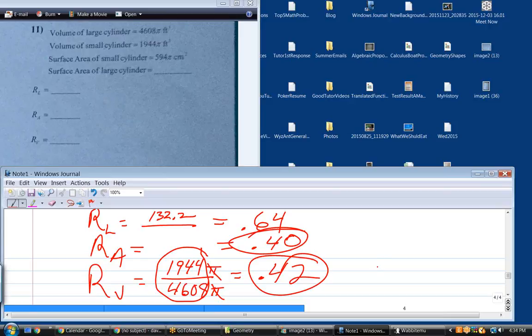When you put 1/3, you don't use parentheses, and it's screwing it up. Because this answer is impossible. You can't take the cube root of 0.42 and get a number and then square it and get a number smaller than what you started with.